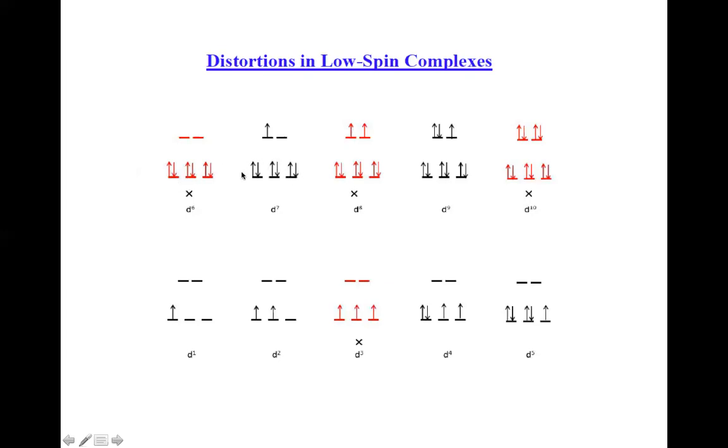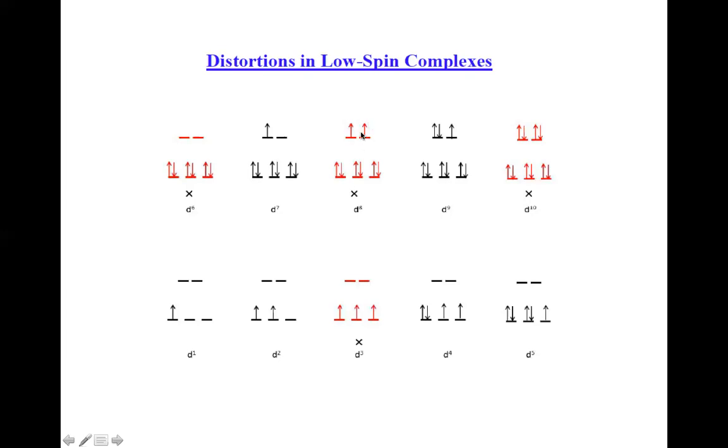d7: though the t2g level is symmetric, the eg level is unsymmetric. So as a whole, it will undergo distortion. Here you can see that the t2g level is symmetric with fully filled electrons. The eg level is also symmetric, though it is not fully filled, it is half filled.